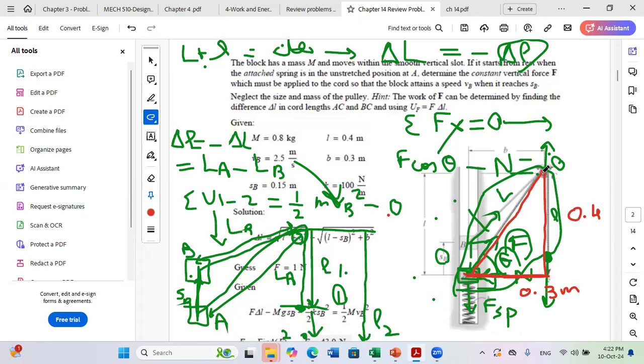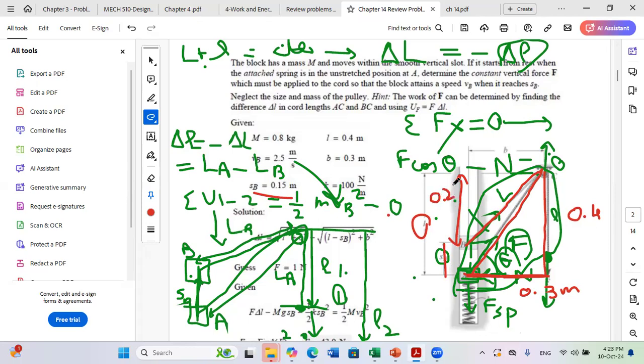Now at the final position, you have a new length here because it's shorter. You have 0.4 minus SB. SB is given to be 0.15. So this distance is 0.4 minus 0.15, it's 0.25.